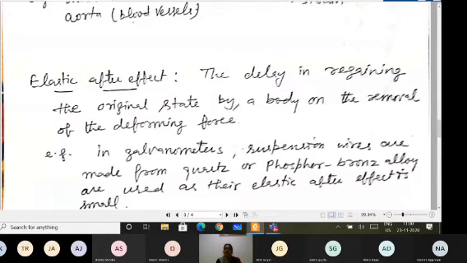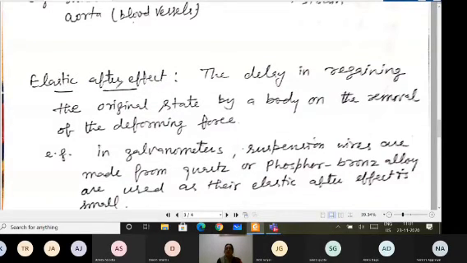Now by this knowledge, when I'm using electrical devices like galvanometers and voltmeters in the lab, we want that when we pass the current, immediately I should get the reading, and when I switch off, immediately it should come to zero. It means there should not be any delay in regaining the original state.